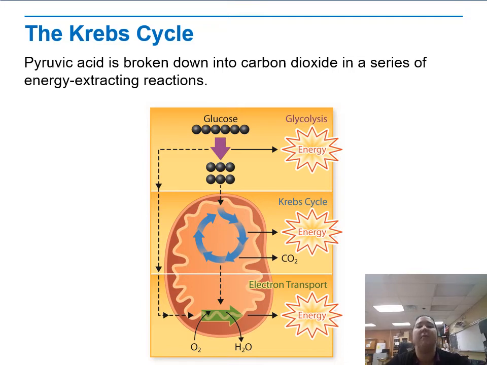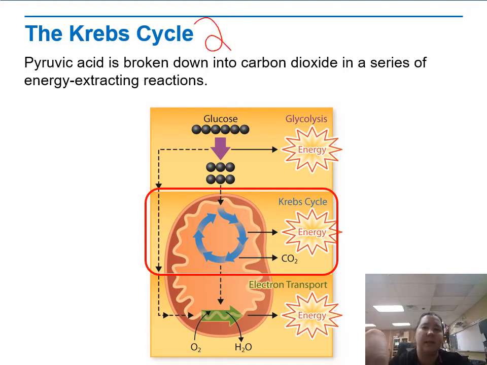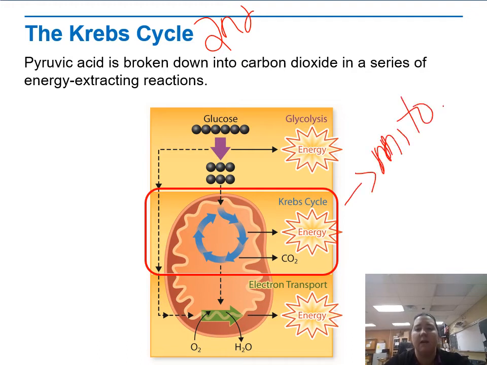In the Krebs cycle, pyruvic acid is broken down into carbon dioxide. So this is the second step. We have now gone into the mitochondria, and this is where we get the carbon dioxide, the stuff that you're going to end up exhaling.